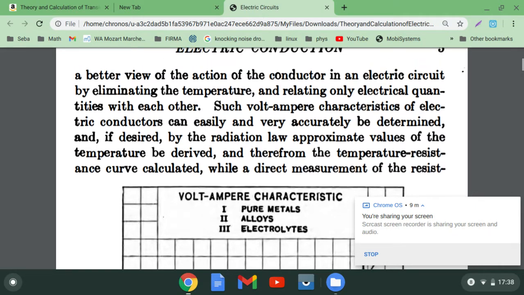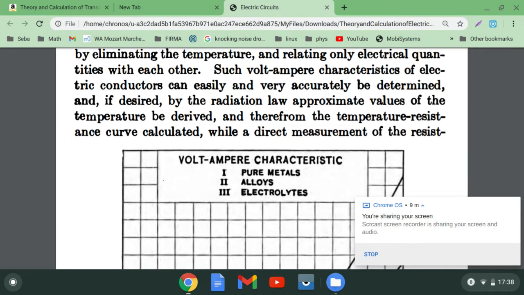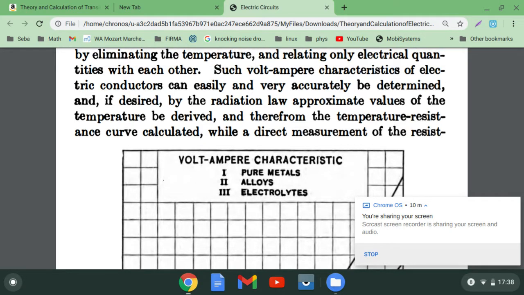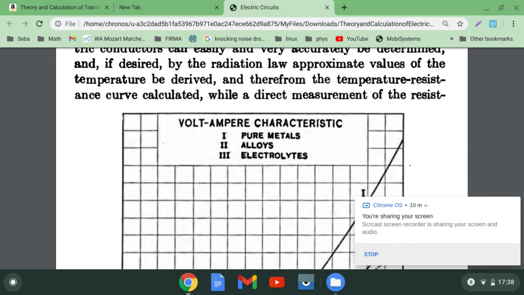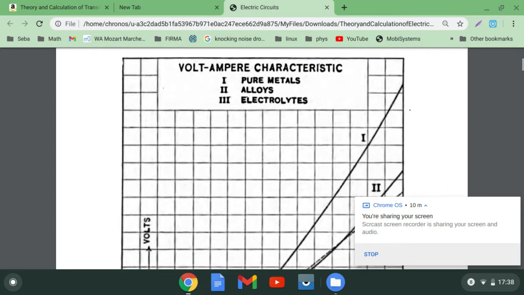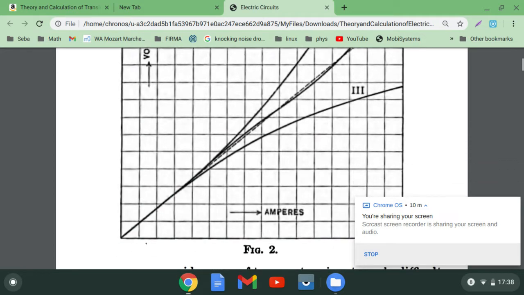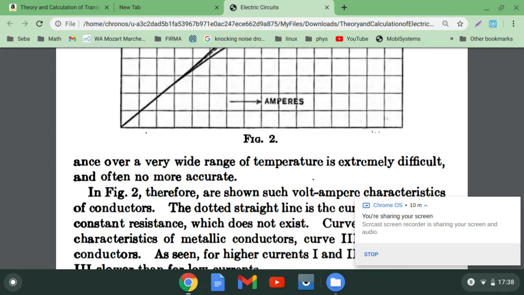Such volt-ampere characteristics of electric conductors can easily and very accurately be determined, and if desired, by the radiation law approximate values of the temperature can be derived, and therefore the temperature resistance curve calculated, while a direct measurement of the resistance over a very wide range of temperature is extremely difficult and often no more accurate.